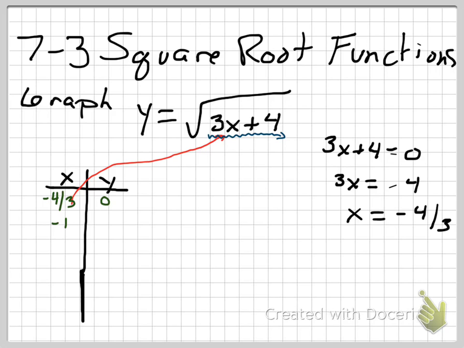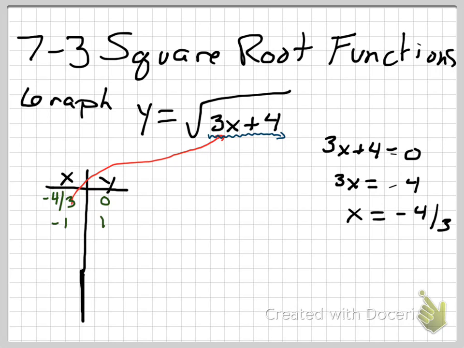And if I get something real, I'm on the right track. I'm going the right direction. If I get something negative, which would lead me to a square root of a negative, which is imaginary, I need to go the other direction. So when I put in negative 1, I get 3 times negative 1 is negative 3, plus 4 is 1, the square root of 1 is 1. So I'm good. I'm heading the right direction.